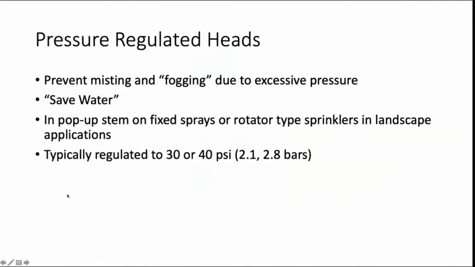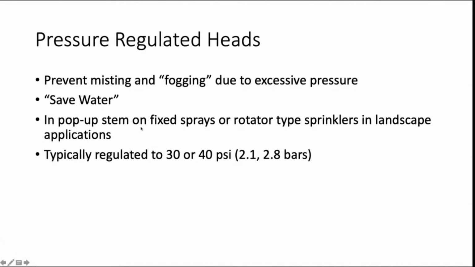Okay, what about pressure regulated heads? They can be good, and we looked at them in the golf course setting. They have built-in pressure regulation. You can get those in landscape sprinklers too, especially for the pop-up spray heads, because they typically have a lot of misting and fogging under high pressure. So you prevent that by regulating the pressure, cutting it down within the body.